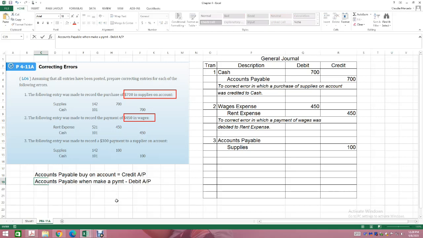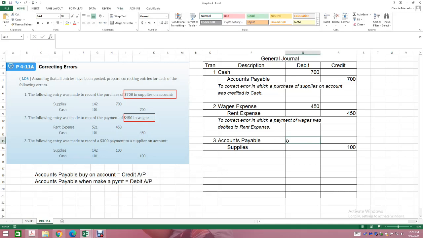So if you buy something on account, you credit accounts payable; if you make a payment to what you owe, then you debit accounts payable. In this case, we are making a payment.